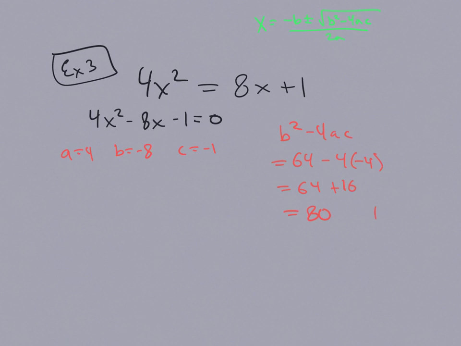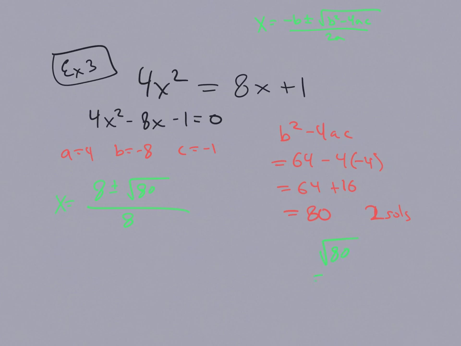One solution, or 2 solutions? Two solutions, but not a perfect square. So let's go to our formula here. x equals opposite of b, or negative b, which is 8, plus or minus the square root of 80, all over 2 times 4, which is 8. Lots of 8s. So simplify the square root first.